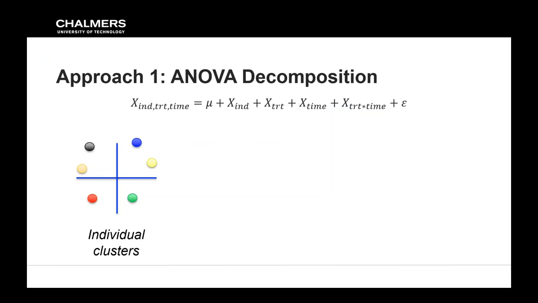If we look at this naive graph with individual clusters, each colored blob represents multiple measurements clustered around each individual, because the individual is very often going to be the main determinant.